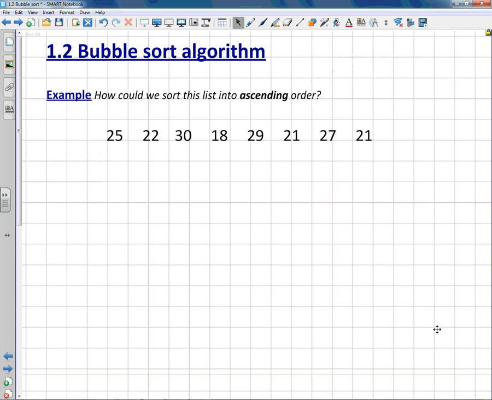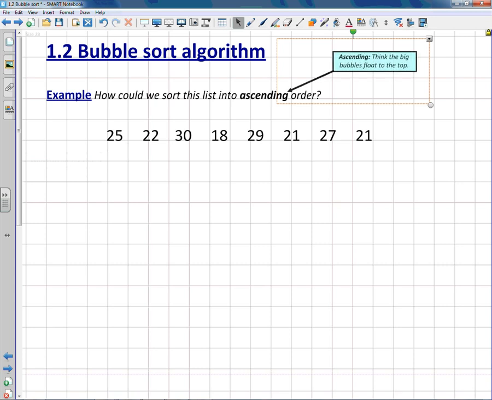Now, this works by you comparing each number side by side. So we're going to sort this into ascending order. What I want you to imagine is the big numbers are going to have to float to the top. So always remember that the big numbers are going to the top there.